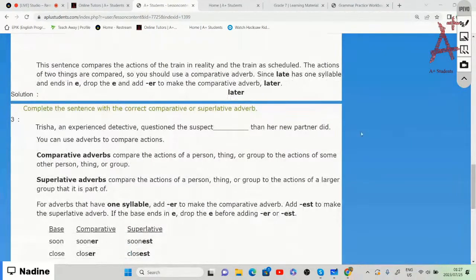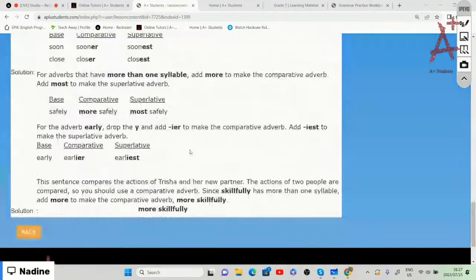Trisha, an experienced detective, questioned the suspect blank than her new partner did. The sentence compares the action of Trisha and a new partner. If the action is being compared between Trisha and her new partner, it is between two people, so it is a comparative adverb.